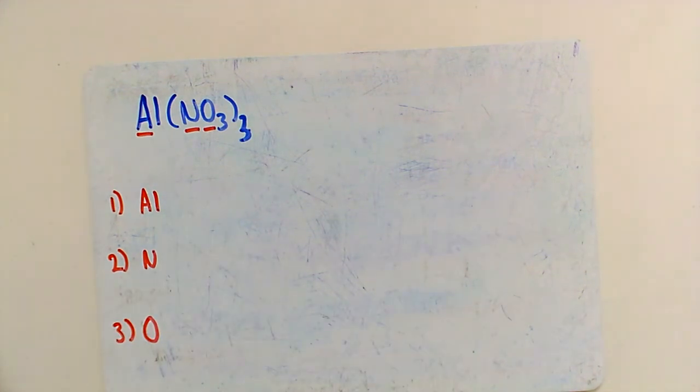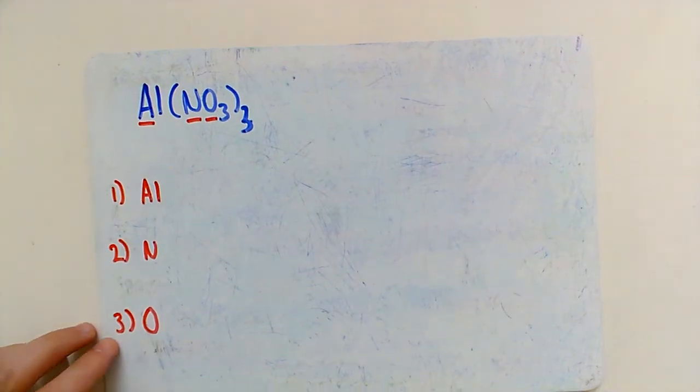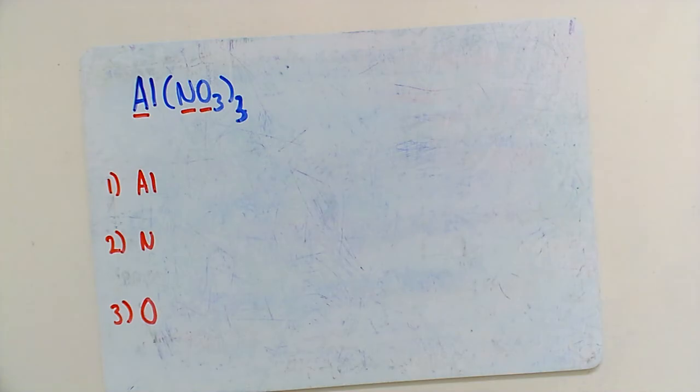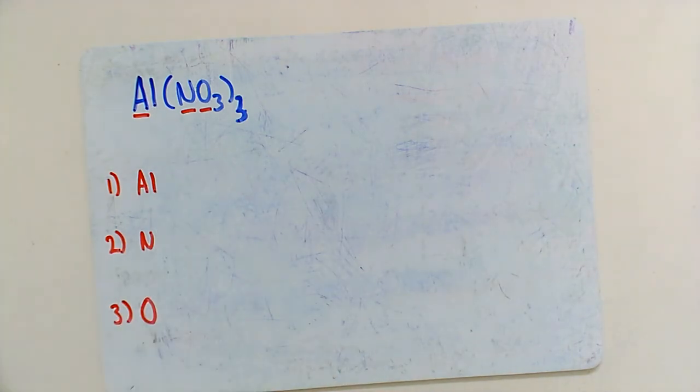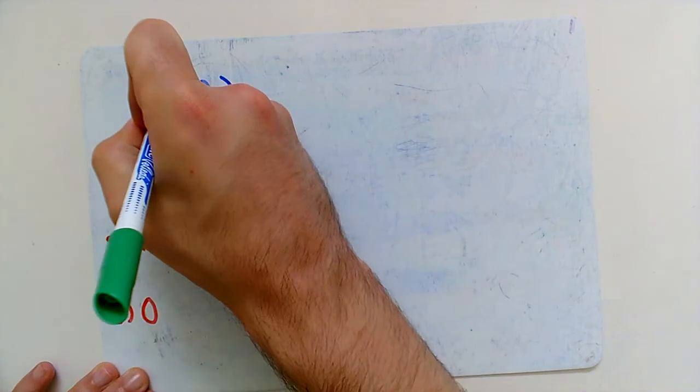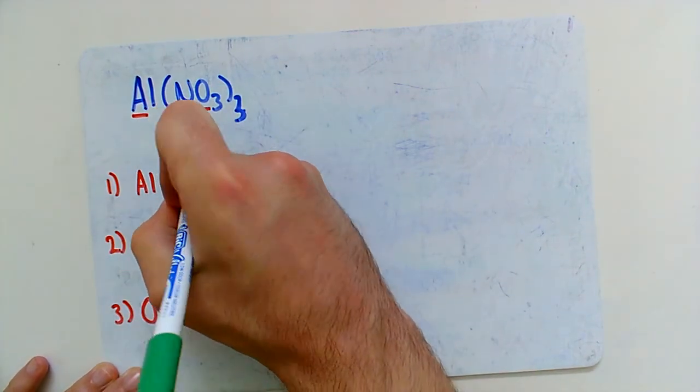Now we're going to use our normal rules to see how many of each type of atom there are. For aluminium, we've got no number after it, so there's only one atom.